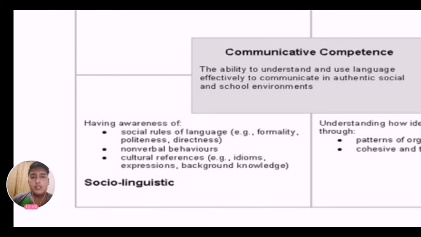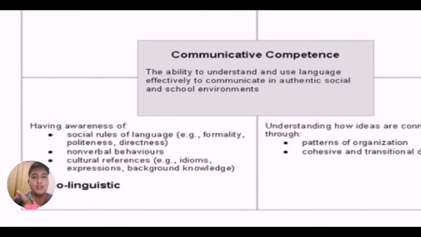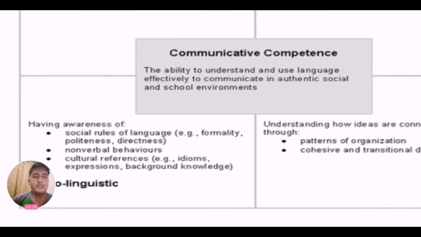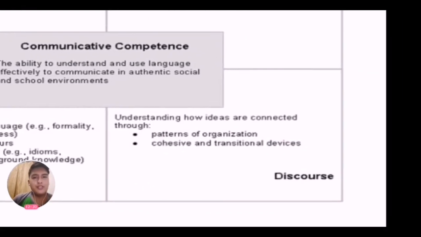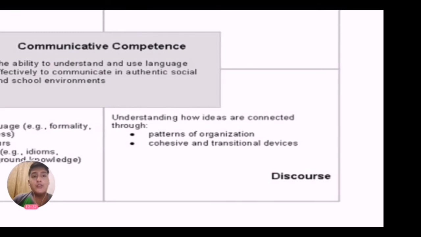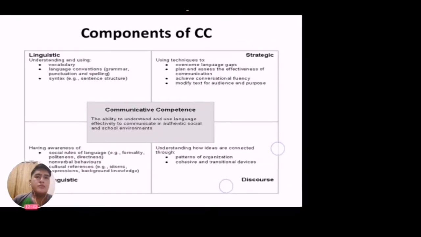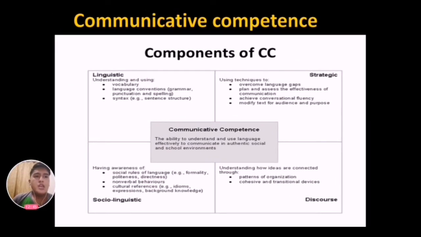So this focuses on the formality and politeness of the society. For discourse, it is the understanding of how ideas are connected through patterns of organization, transitions, and devices. Moving on to the next slide.